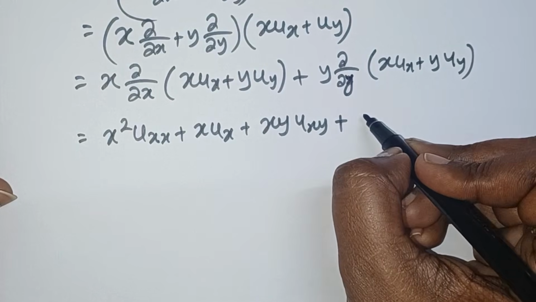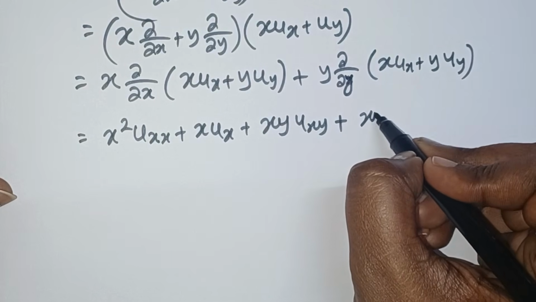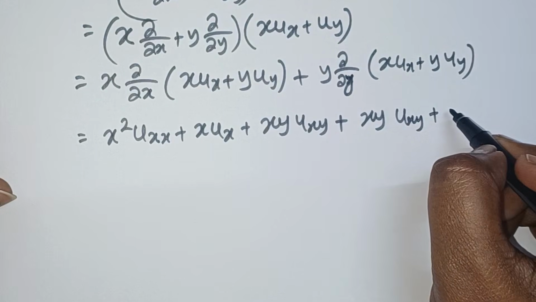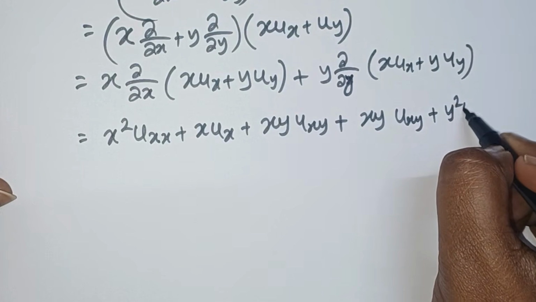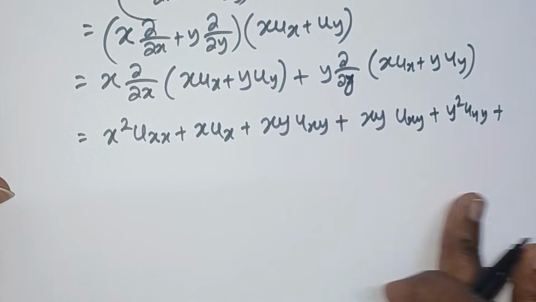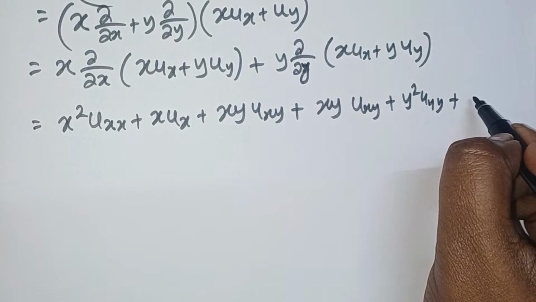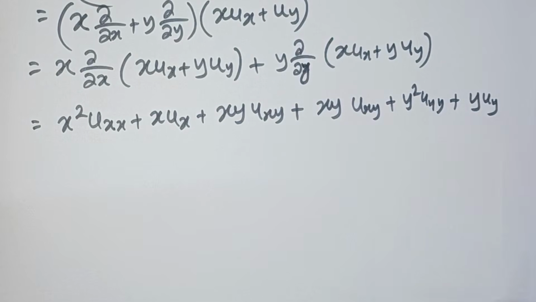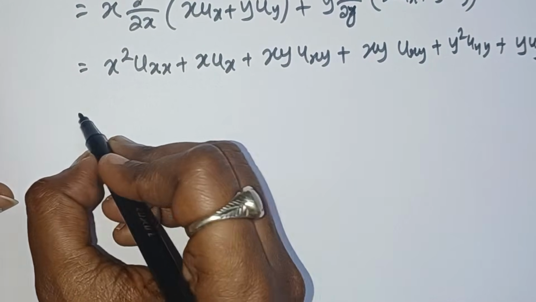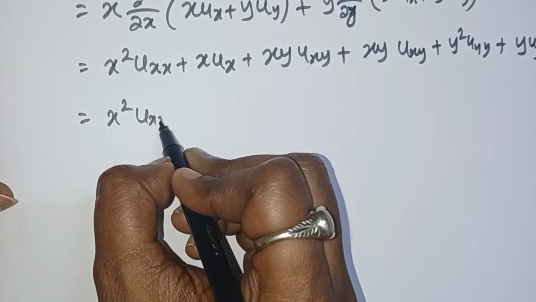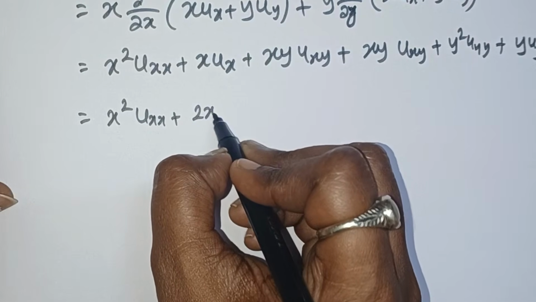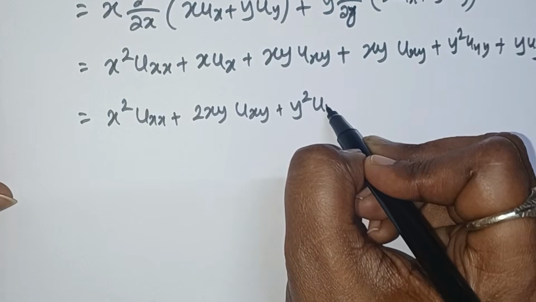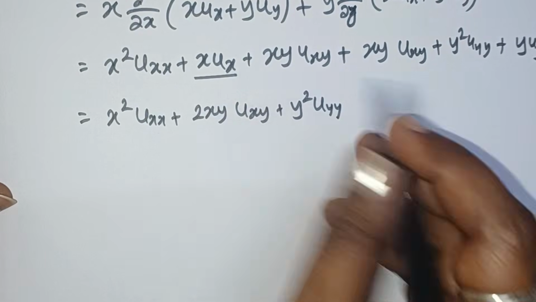Similarly do for del y, so it will be xy uxy plus y square uyy plus y uy.